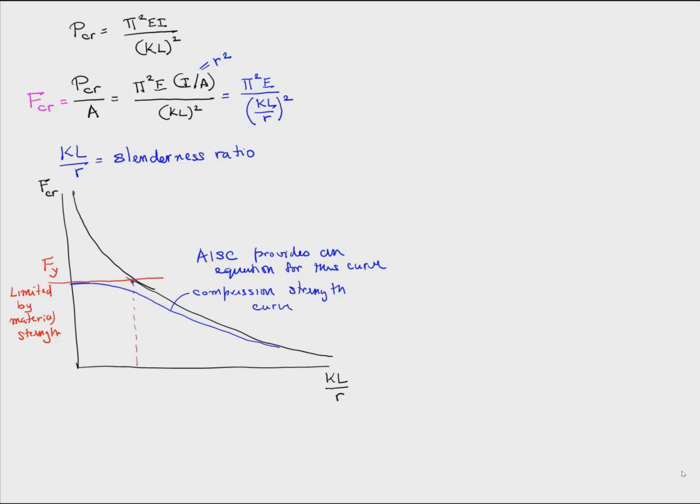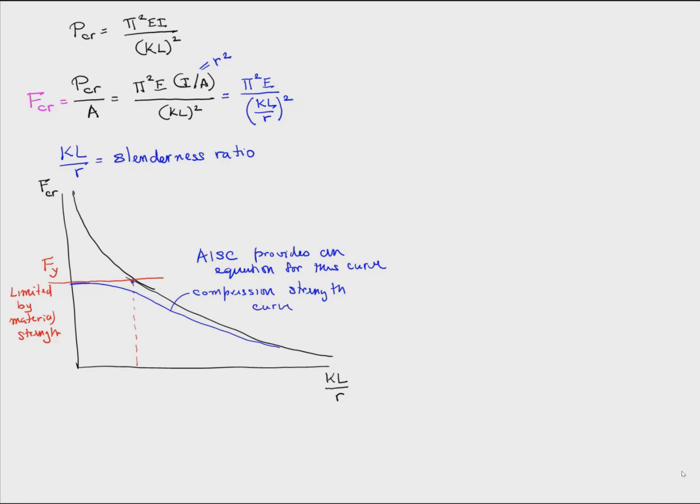However, in this course, instead of using the equation for this curve to determine the strength of a column, we will just use some tables that are also provided in AISC as a simple way to obtain the design strength of a column. But in the steel design course, you will learn much more about the compression strength curve.